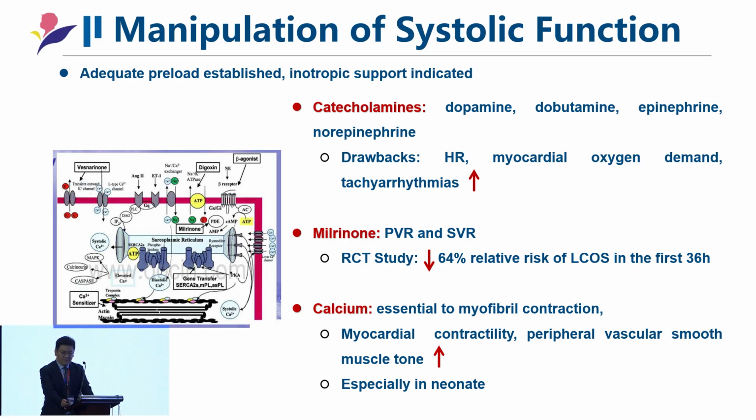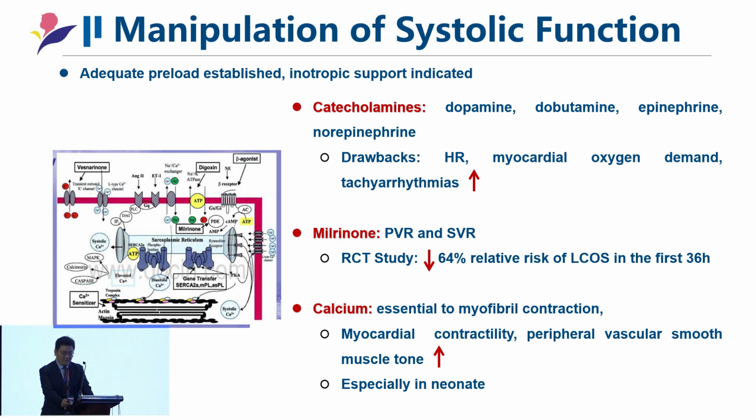RCT research showed it can lower the risk of LCOS by 64% relative risk within 36 hours after surgery. Although not typically an inotrope, calcium is essential for myocardial contraction and vascular tone, especially in neonates.